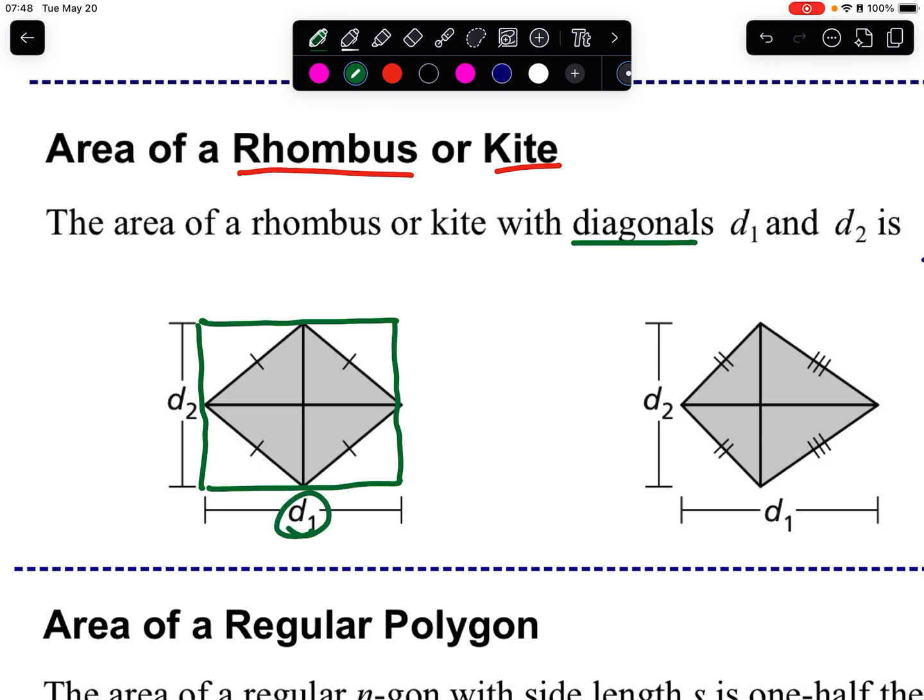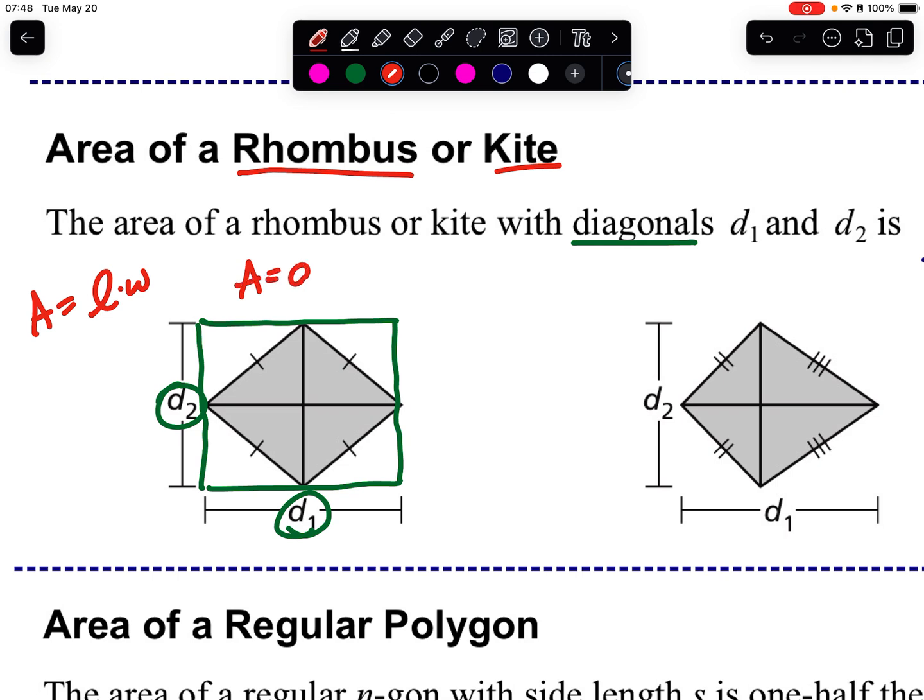If we take the diagonal, D1, and then the other diagonal, D2, and move those diagonals from the center off to the edge to build that rectangle, then we have length times width is the area of an object.